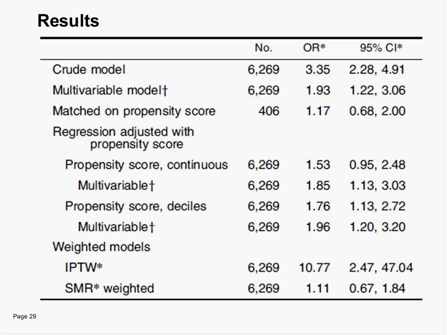And then weighting on the propensity score, using the propensity score to reweight your population, gave either an odds ratio of 1.1, close to what was observed with matching or with the clinical trials, or an odds ratio of 10, very different from the others. And so it mattered what analytic method he used.